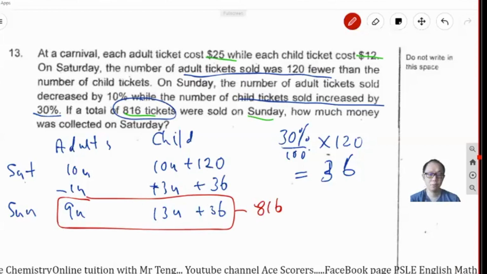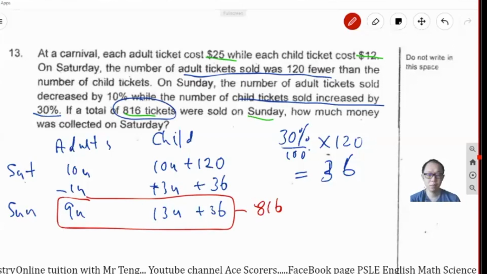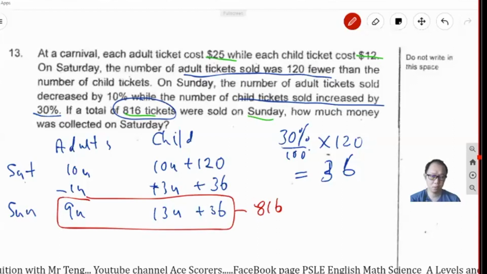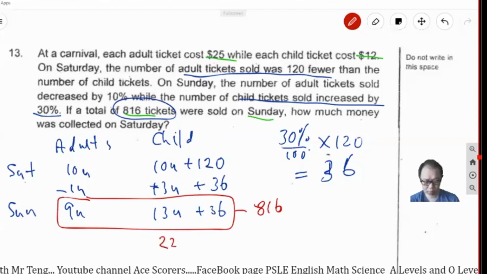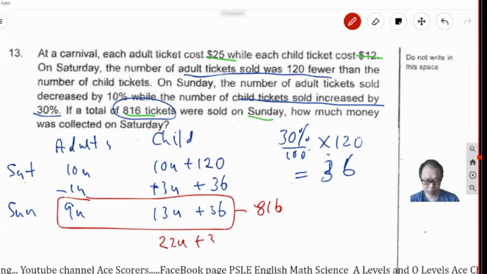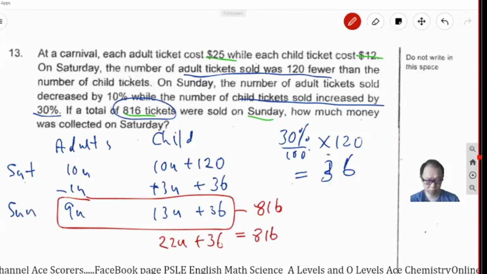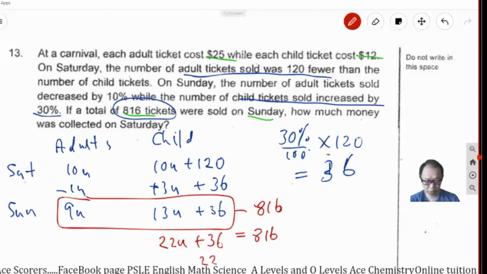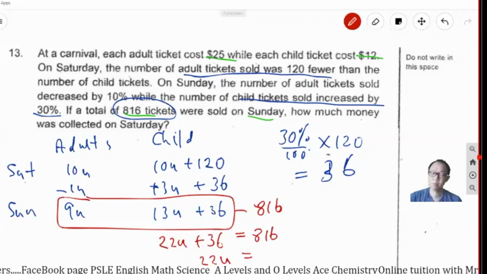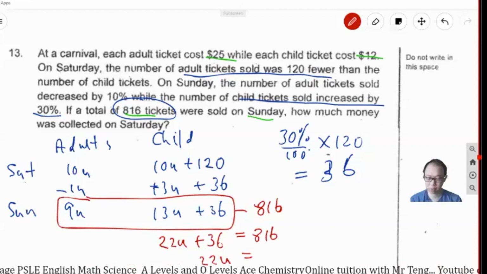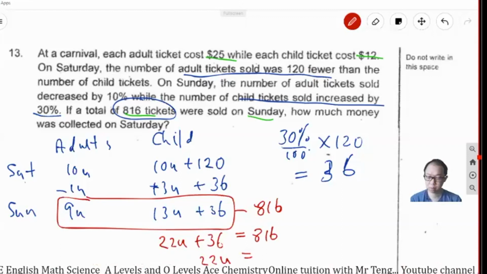So how many units are there? 22 units plus 36 equals 816. So 22 units equals 816 minus 36, which is 780.